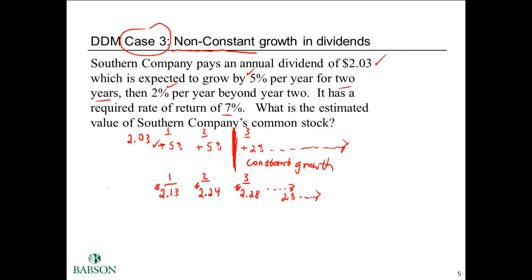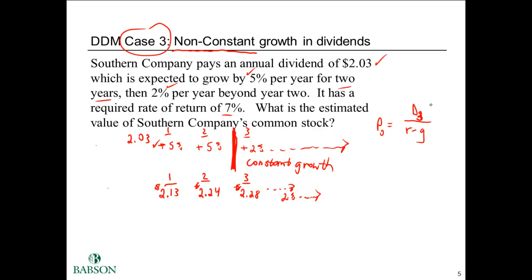So during this period of year 3 and beyond, we're actually in a constant growth stage. If we're in a constant growth stage, we can employ the constant growth formula. We remember what that is. It says the price of something today is equal to the dividend in year 1 divided by R minus G. Well, we're not starting in year 1. We're actually starting in year 3 in this case.